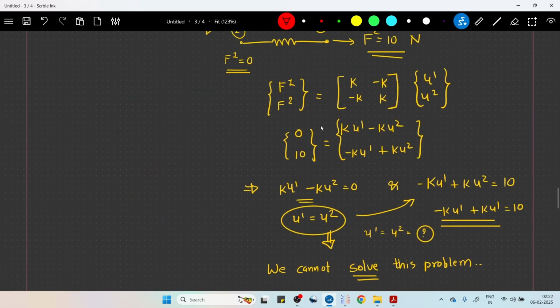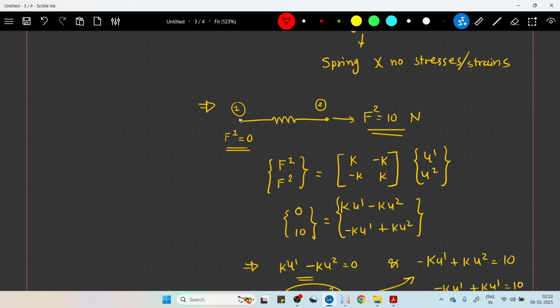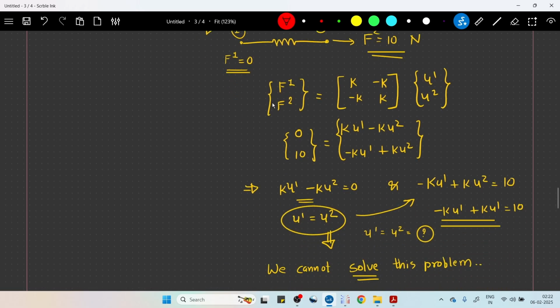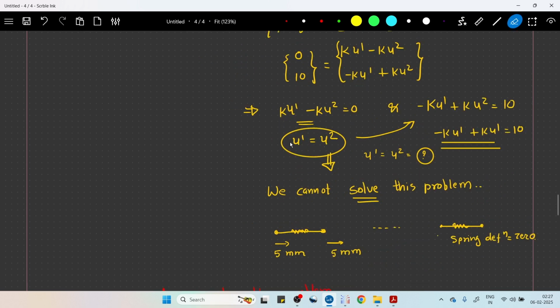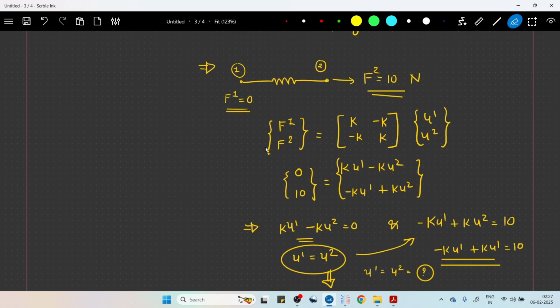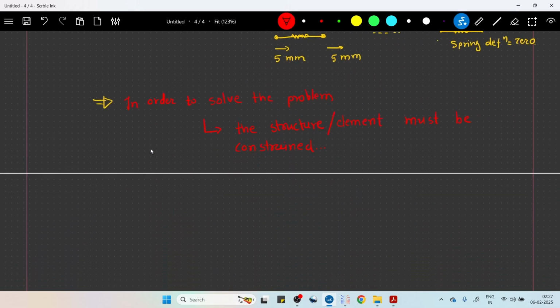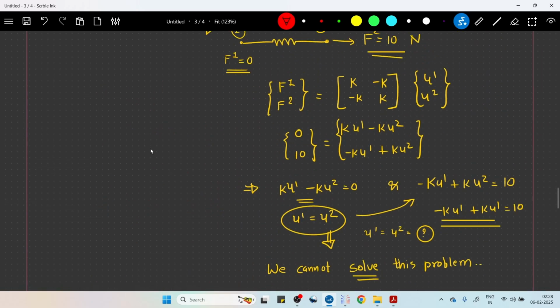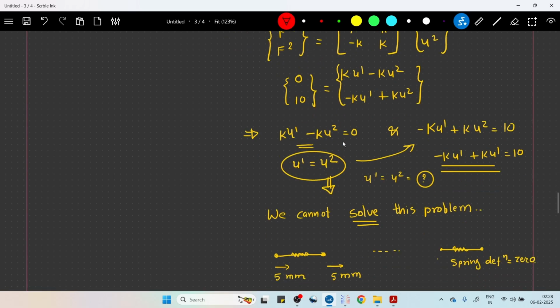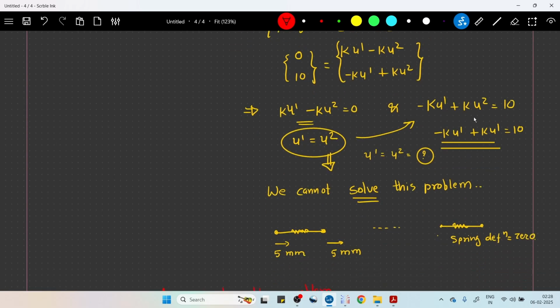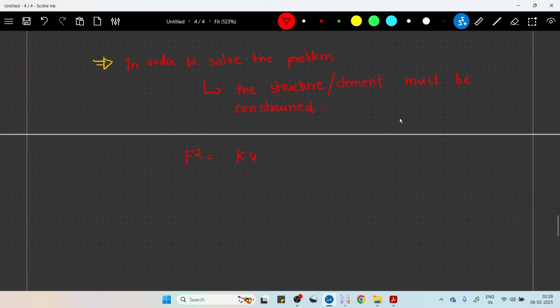For example, if I constrain node 1, u1 will become 0. Now, f2 is equal to minus ku1 plus ku2.